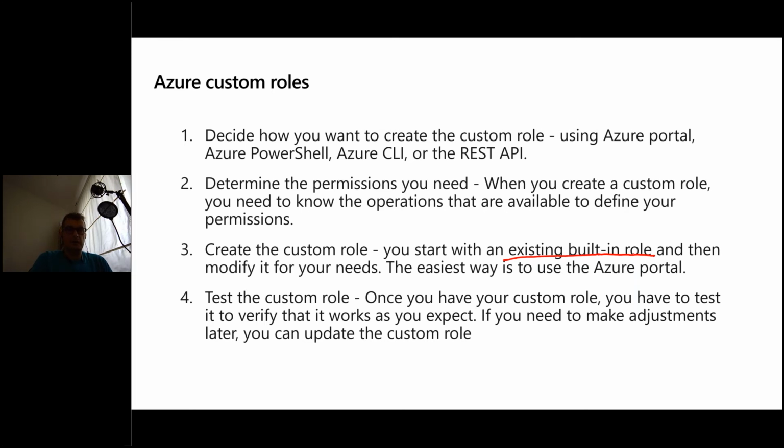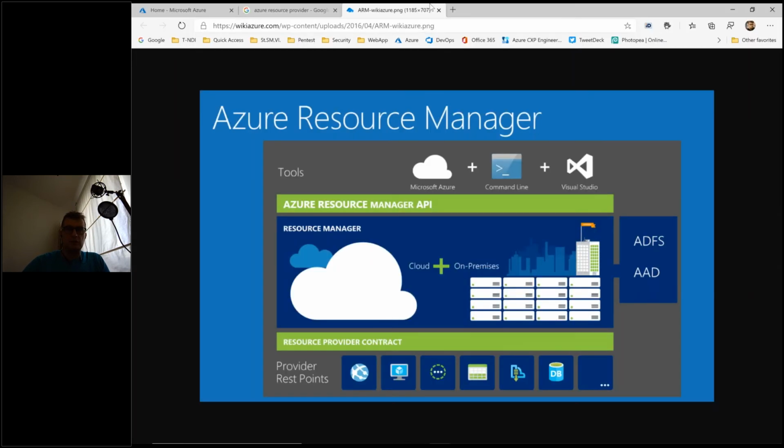Then I suggest that you test the role, applying it to a specific person. Usually IT persons are good for that, to verify that it works as you expect. If you need to make adjustments, you can later just update the custom role.